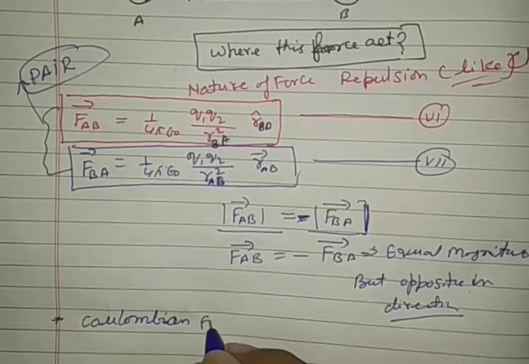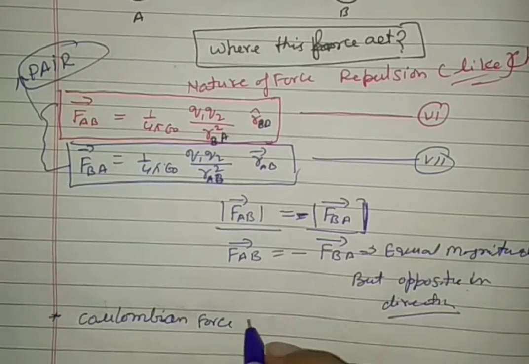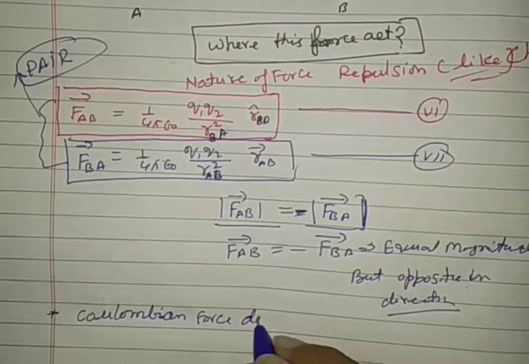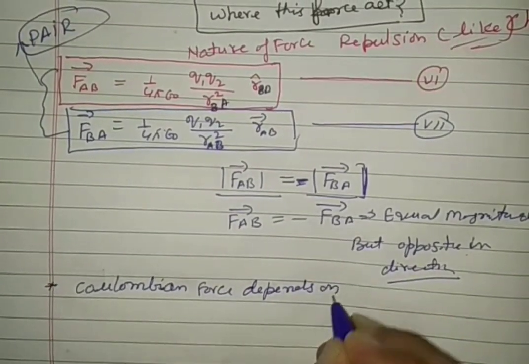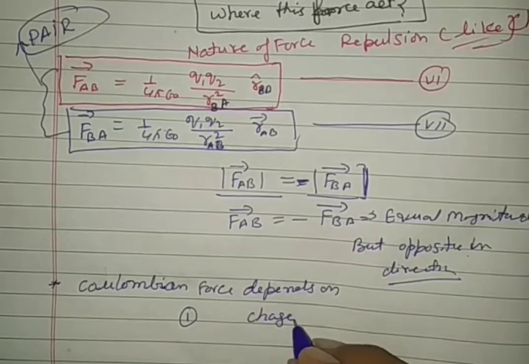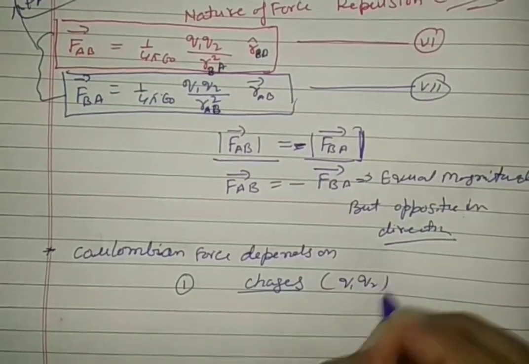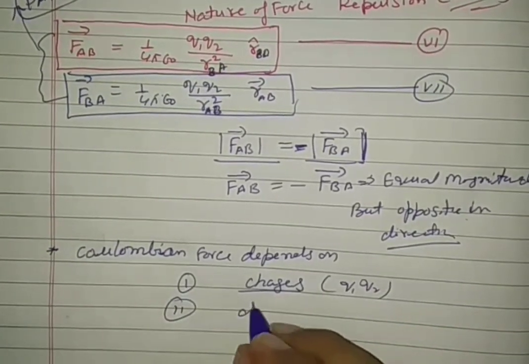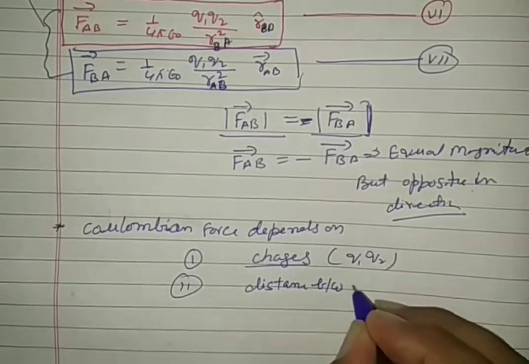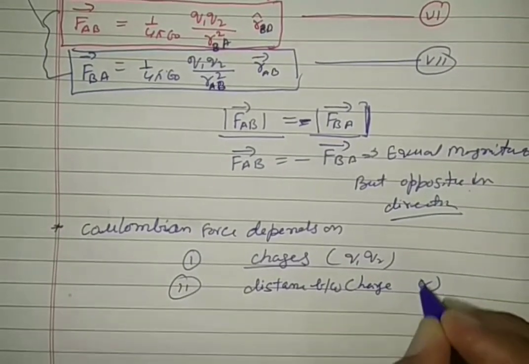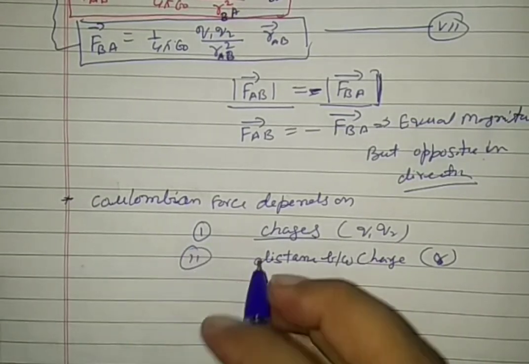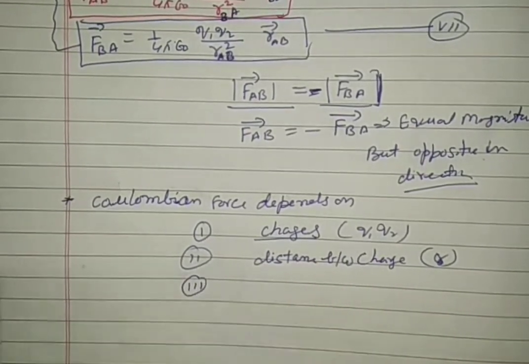Coulombian force depends on point number 1, charges Q1 and Q2. Second, distance between charges r. And this is the third one more thing.